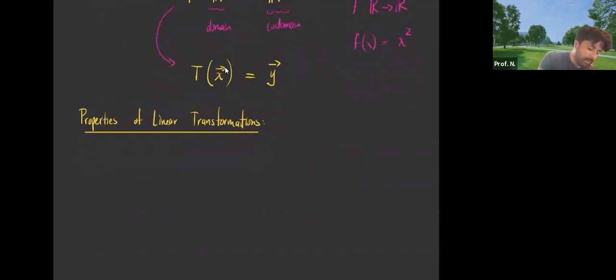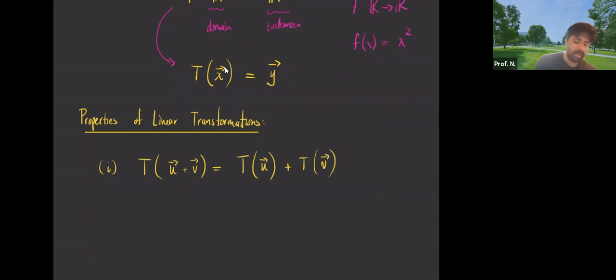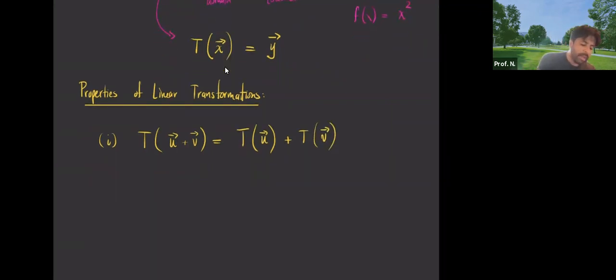The first thing is that if you take a sum of two vectors in Rn and plug it into the transformation, the result should be the transformation applied to u individually plus the transformation of v. So that is one property of what it means to be a linear transformation.